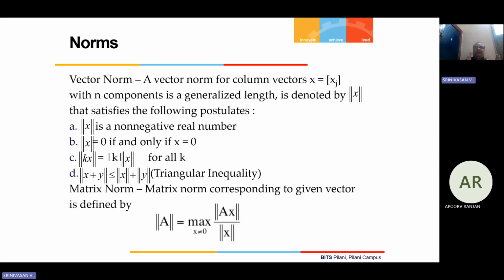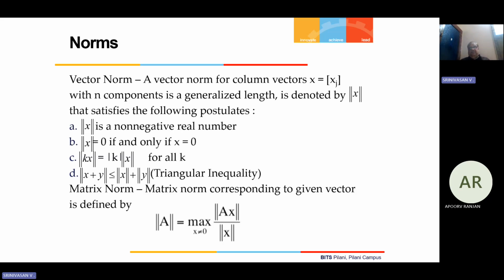Just see it as magnitude in general. A vector norm for a column vector x with n components, x1, x2, up to xn, is a generalized length, a magnitude. For absolute value, you put x within two parallel lines, and for norm, you put two parallel lines on either side. That stands for norm.